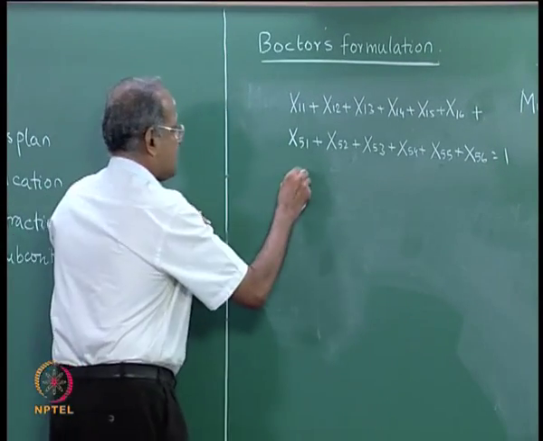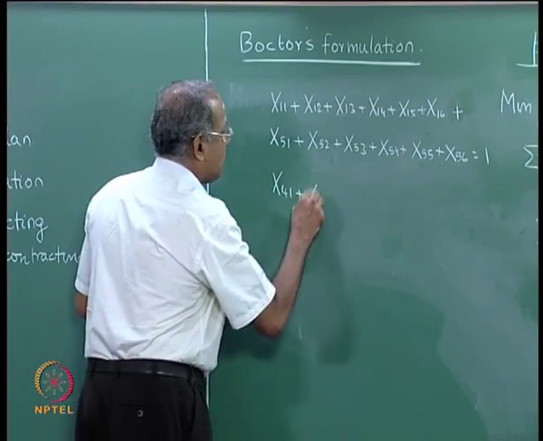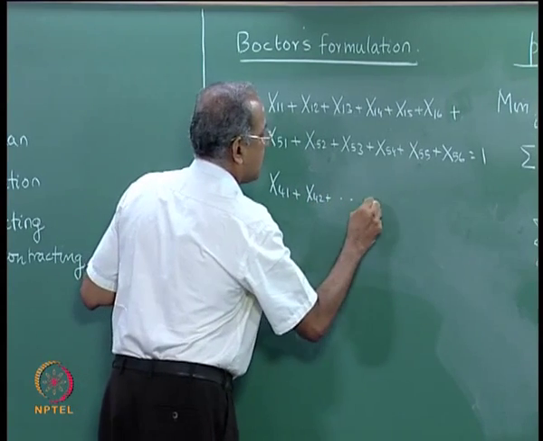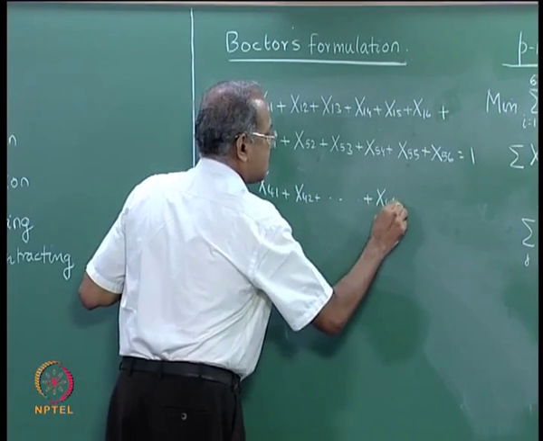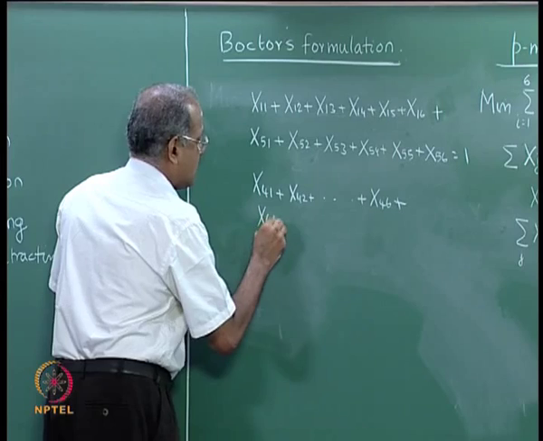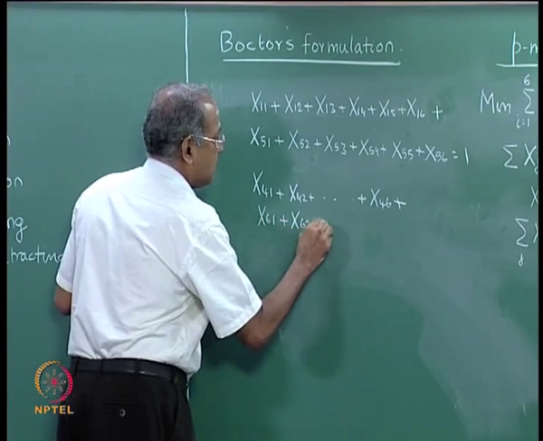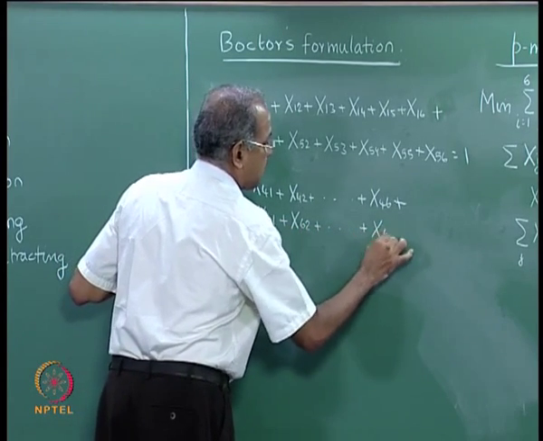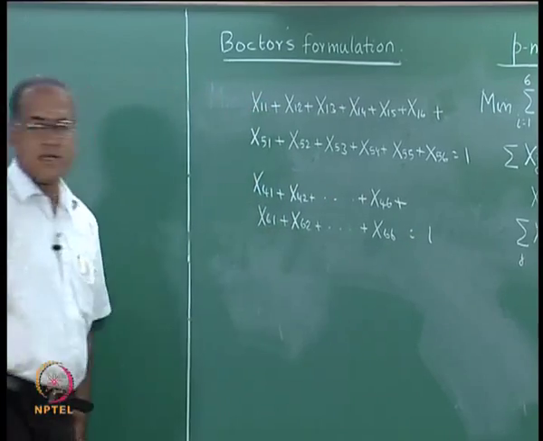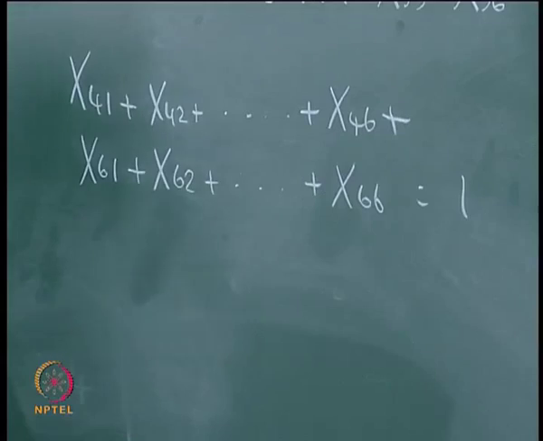That will be written as x41 plus x42 plus x46 plus x61 plus x62 plus x63 plus x64 plus x65 plus x66 is equal to 1. The other 4 constraints will remain like this.